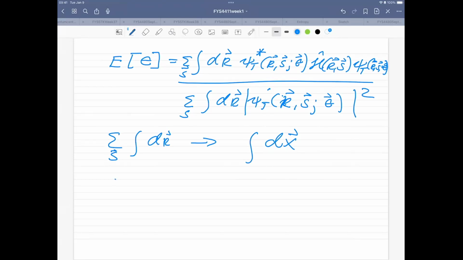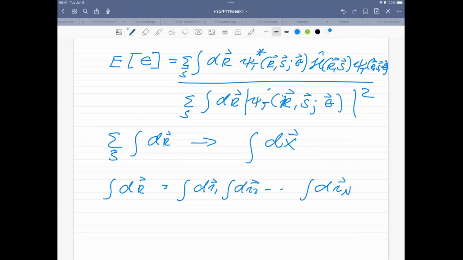Also, let me write dR: this is the same as dR1, dR2, etc., up to the final particle. So it is a multidimensional integral which we are evaluating. This is the starting point.